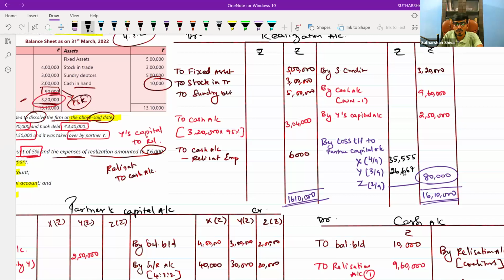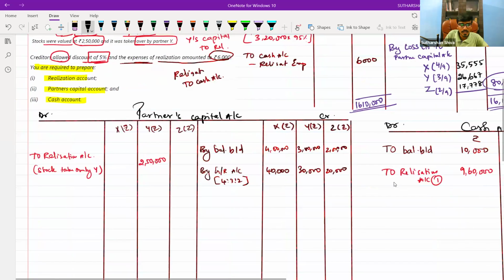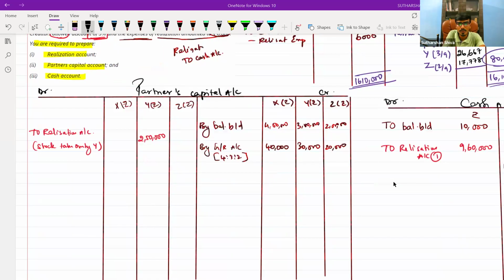Divided by 3 into 2: 17,778. So that's it. Once the losses occur, immediately go to your realization account.